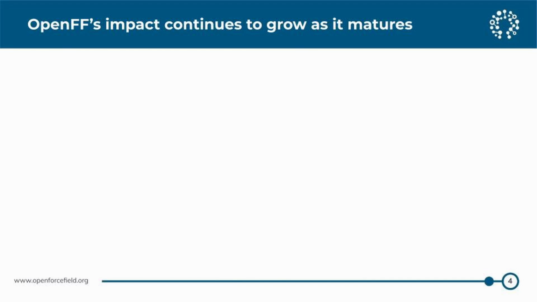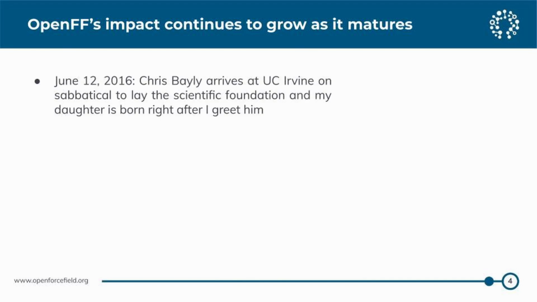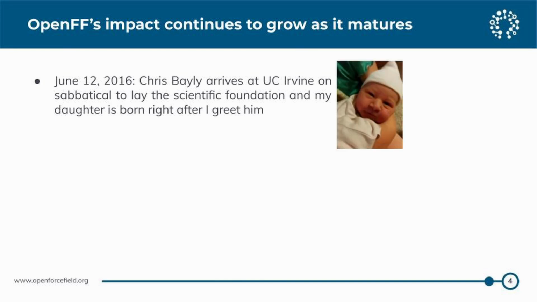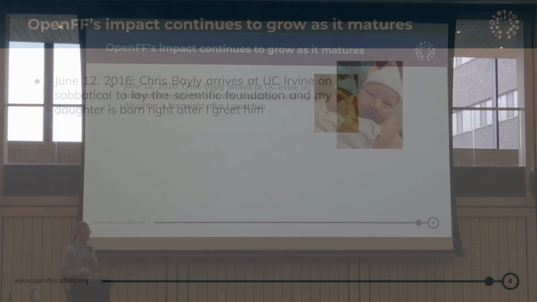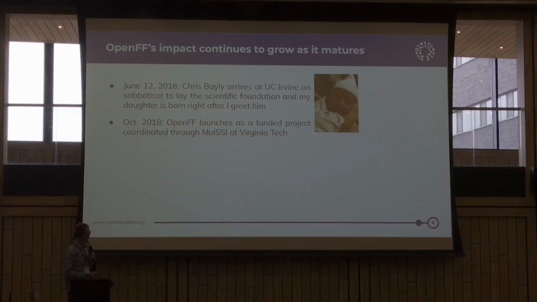We've been around a while. To some extent, the project started when Chris Bayly arrived on sabbatical in my group in 2016, but we didn't have funding for a while. It happened that my daughter was born on the day he arrived, so I can basically track the growth of the project with my daughter. So it launched with funding in 2018.